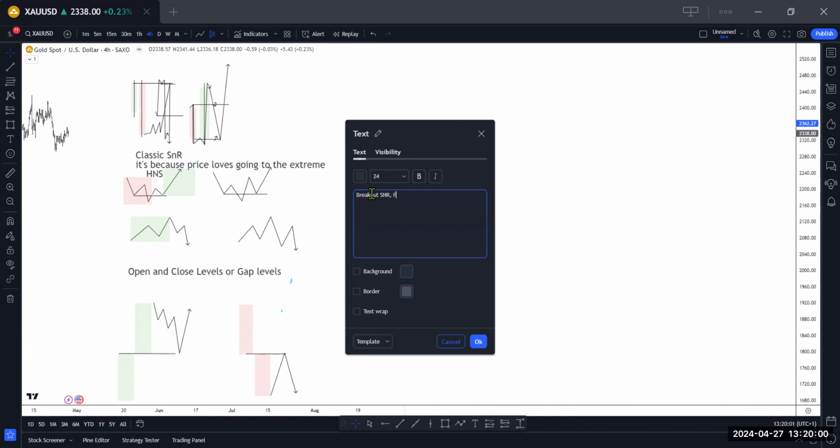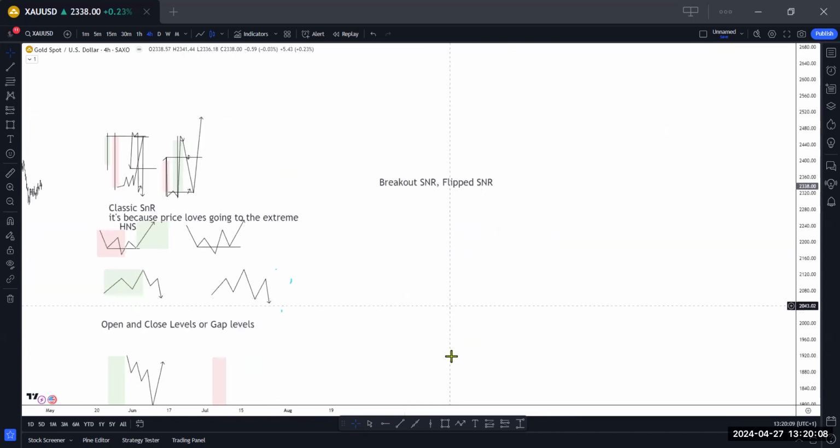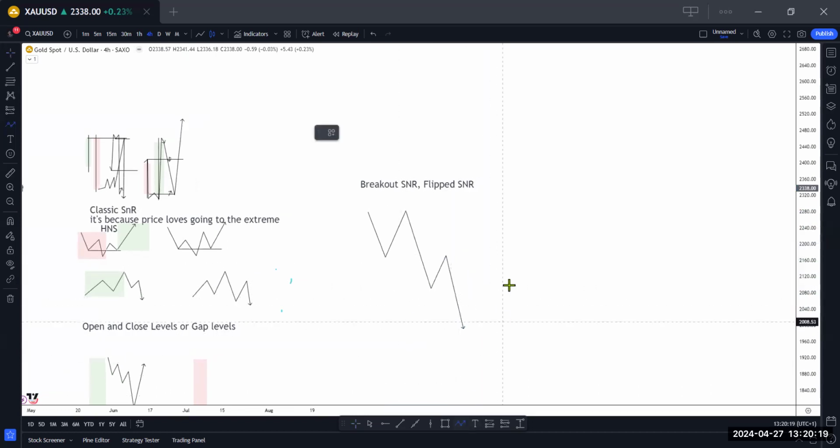Some people call it flipped SNR. You can call it Breakout SNR, you can call it flip SNR. And why is this called Breakout SNR? Remember when I said when a support gets broken, what does it become? Resistance, right? The same thing with a resistance that gets broken. What does it become? Support.